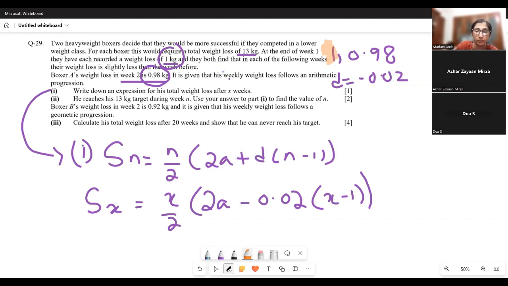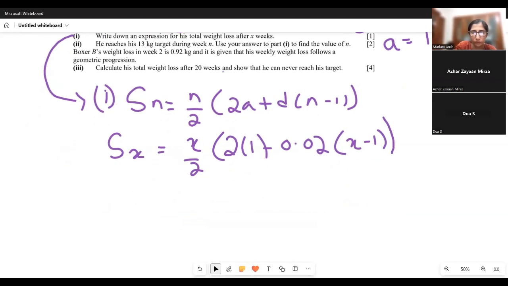So ये पता है. I don't know why I was looking for the total weight. गलत कर रही थी. I was looking for the weight of the boxers. That's not what a is. The progression is for the weight lost every week. So first week 1 kg lose हुआ है. Second week 0.98 lose हुआ है. So of course a will be 1 and d will be minus 0.02. Okay, so instead of a, I'm going to write 1.